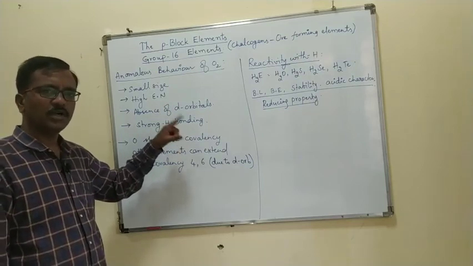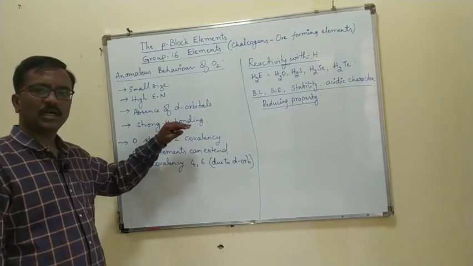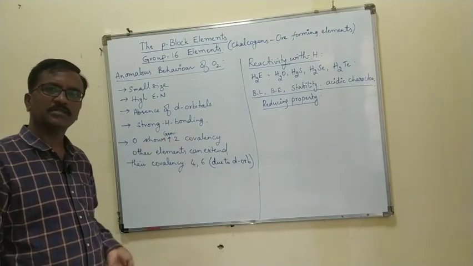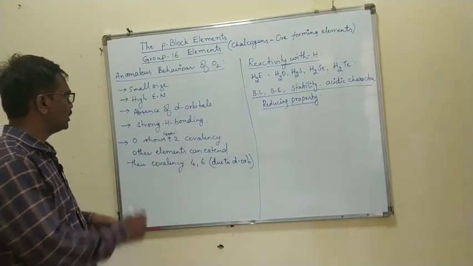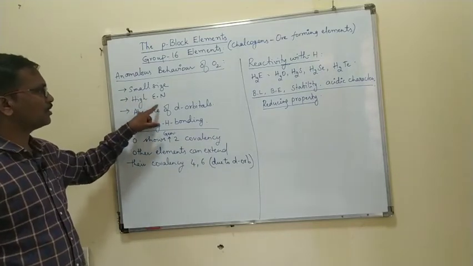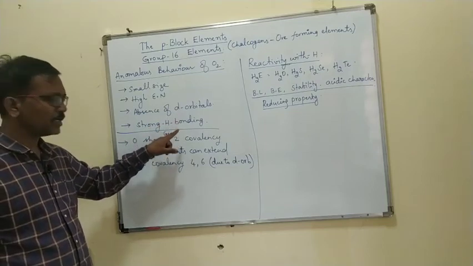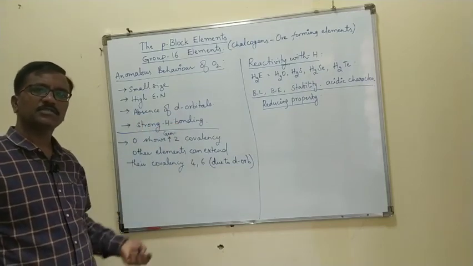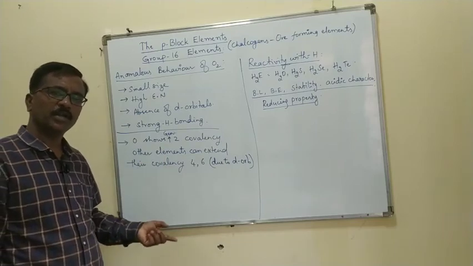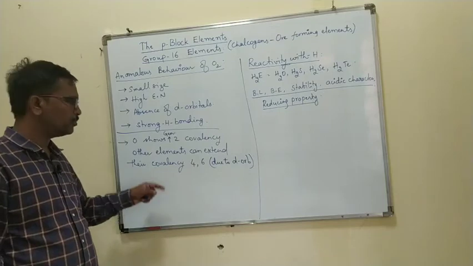So water has hydrogen bonding, while other group elements do not show hydrogen bonding. Due to these reasons, size, electronegativity, absence of d orbitals and the hydrogen bonding nature, oxygen shows different behavior compared to the other elements in the same group.